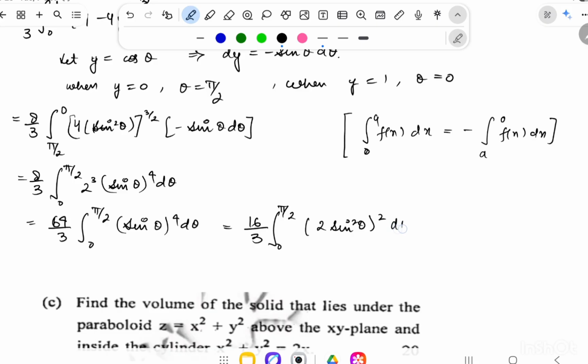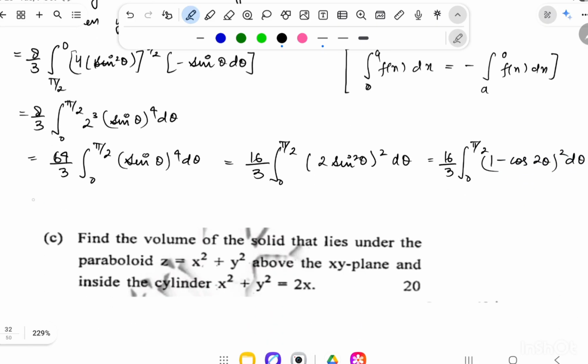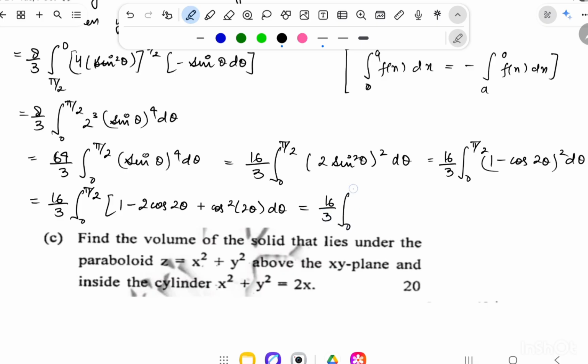This sin square theta can be written as (1 minus cos 2 theta) by 2, squared. Opening the square, it will be 16 by 3 integration from 0 to pi by 2 of 1 minus 2 cos 2 theta plus cos square 2 theta d theta. So it can be written as 1 minus 2 cos 2 theta plus (1 plus cos 4 theta) by 2 d theta.